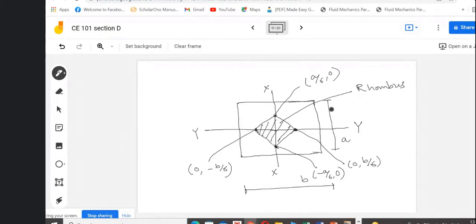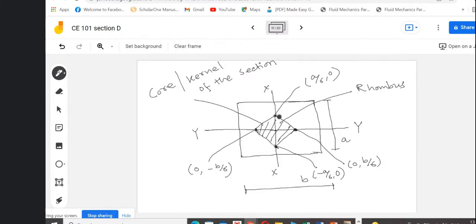And this particular shape for a rectangular section is known as the core or kernel of the section, right?